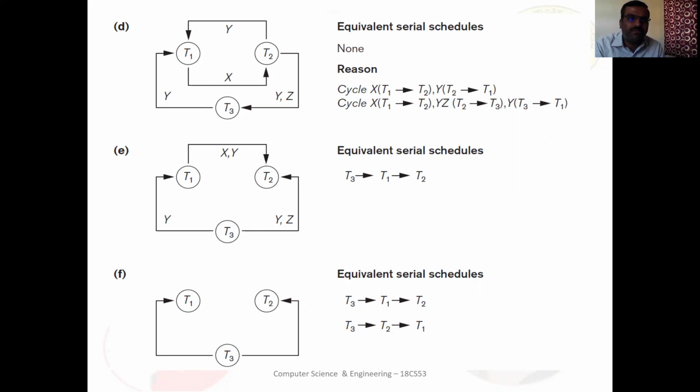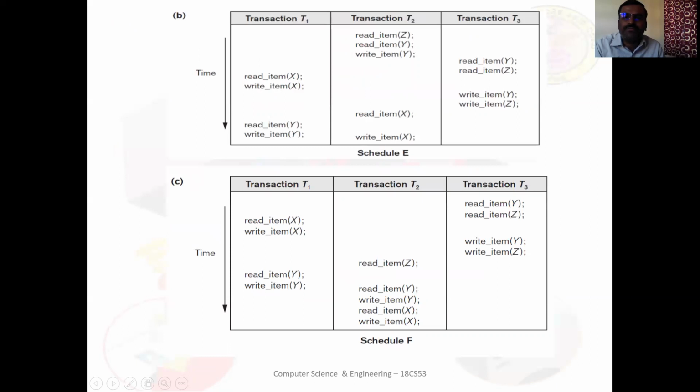See the transactions, starting from transaction T2. Transaction T2 reads item Z and then reads item Y, then writes item Y. Transaction T3 reads item Y from T2, then reads item Z from T2, right?